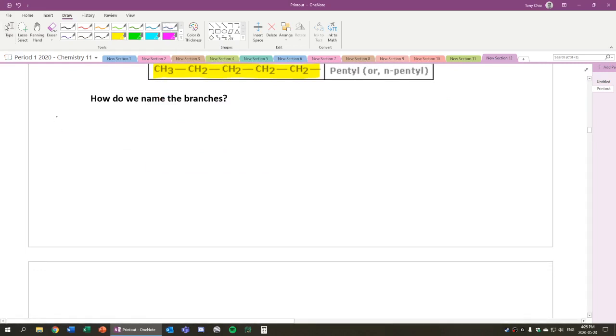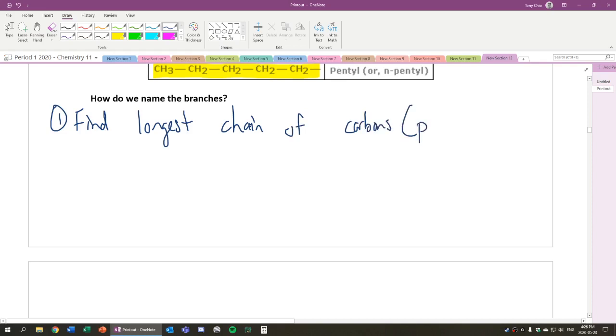Well, here's the thing though. The first step is find the longest chain of carbons. This is what we call our parent chain. Okay, number 2.